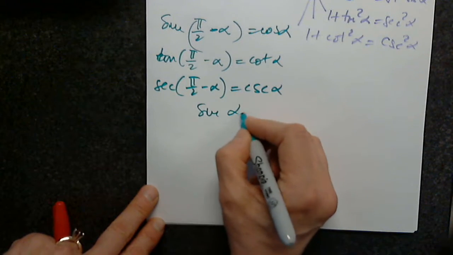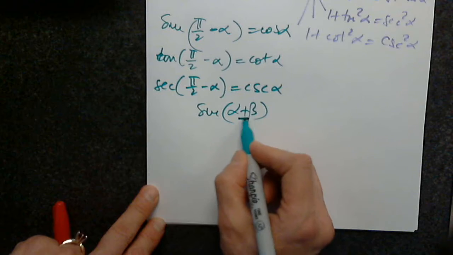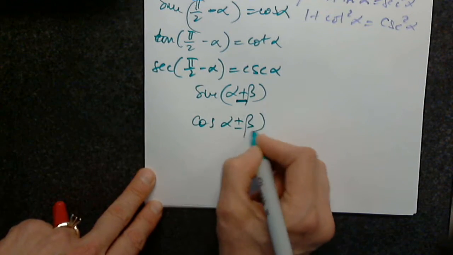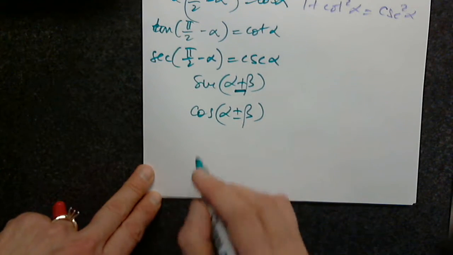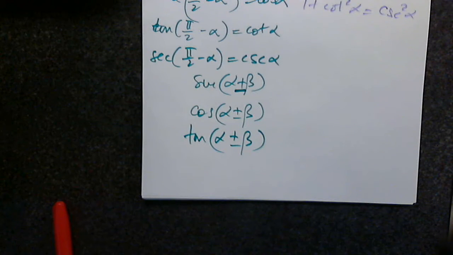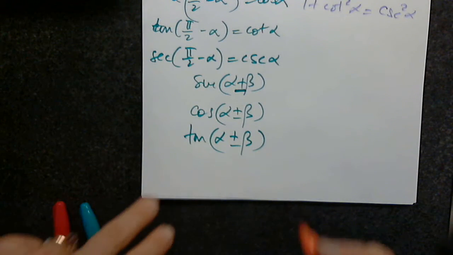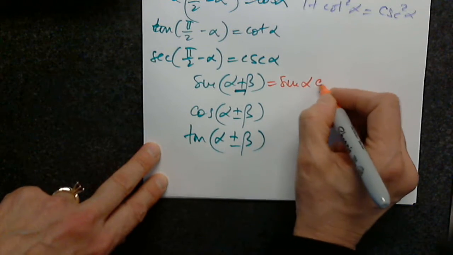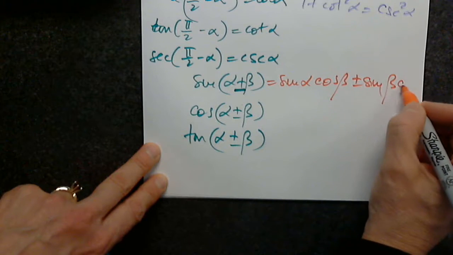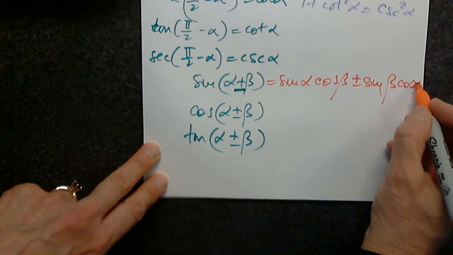Then sine alpha plus or minus beta, cosine alpha plus or minus beta, and tangent alpha plus or minus beta. You want me to write those identities? So this is sine alpha cosine beta plus or minus sine beta cosine alpha.